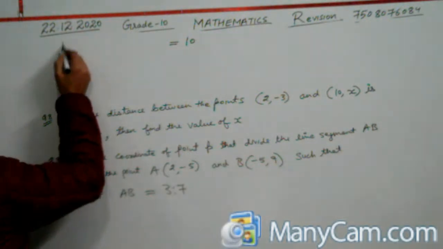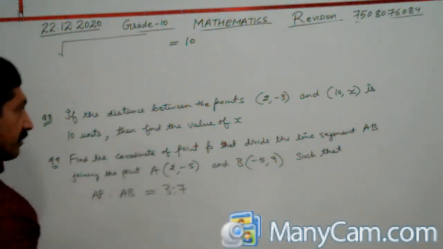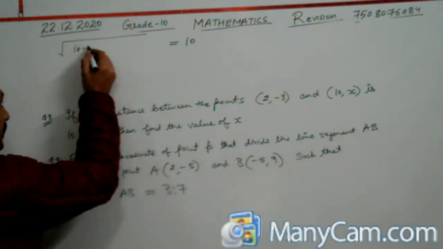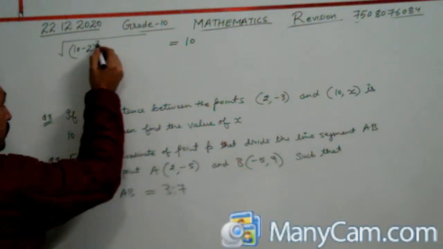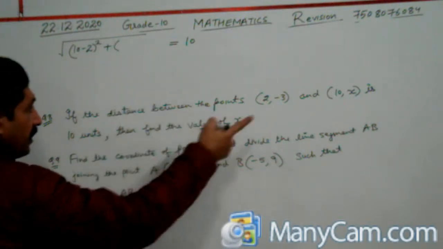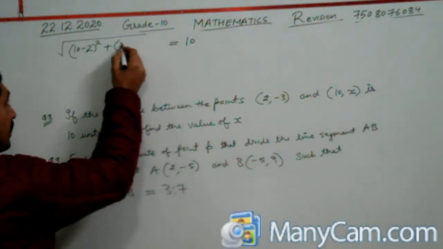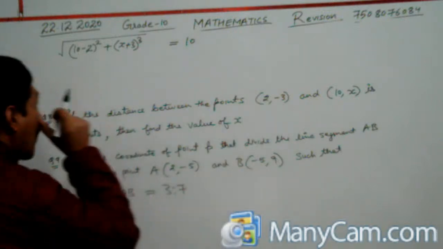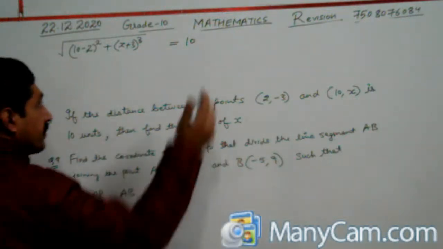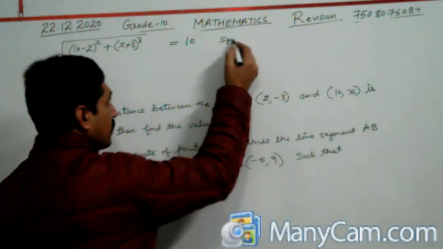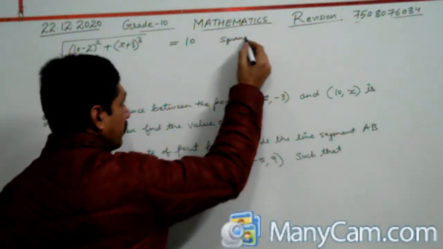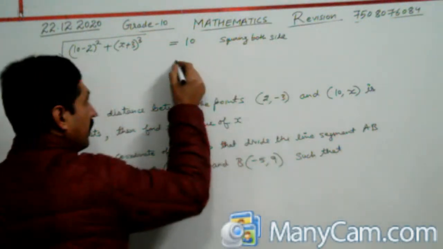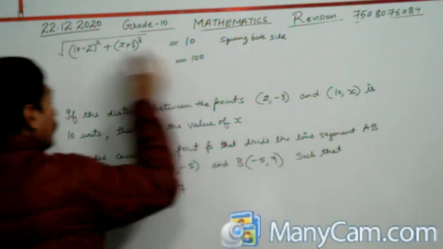When we apply the formula here, 10 minus 2, 8 square, plus here x plus 3 whole square, since minus minus will become plus. So squaring both sides, it will become 100, and the square root will get cancelled.